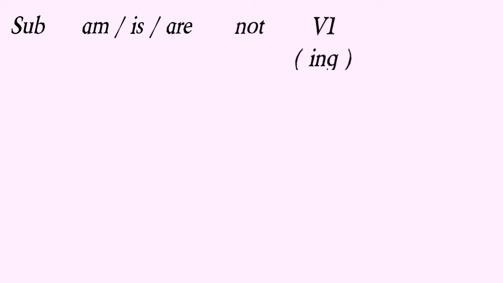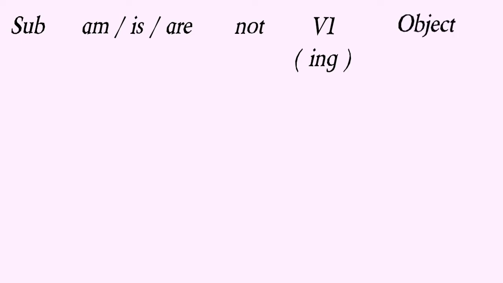Now the sentence construction of this active voice, based on these examples, will be: there will be a subject, then after that helping verbs am, is, are, then not, then the first form of the verb adding ing, and after that an object.